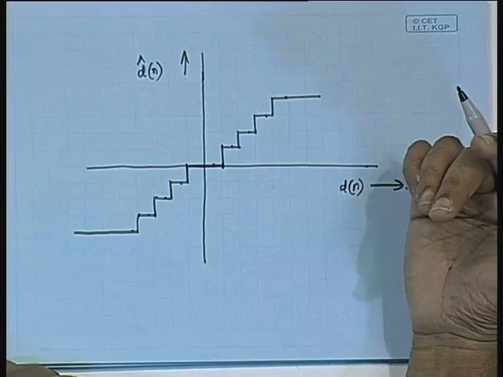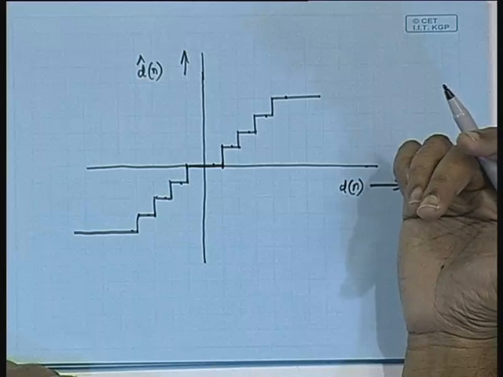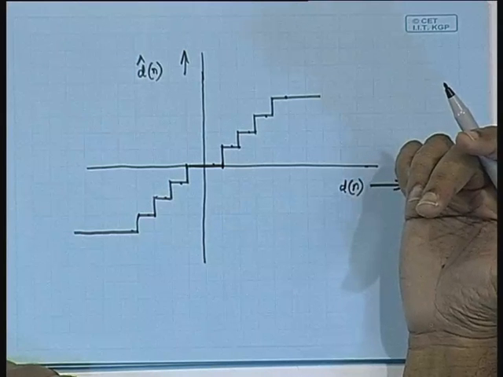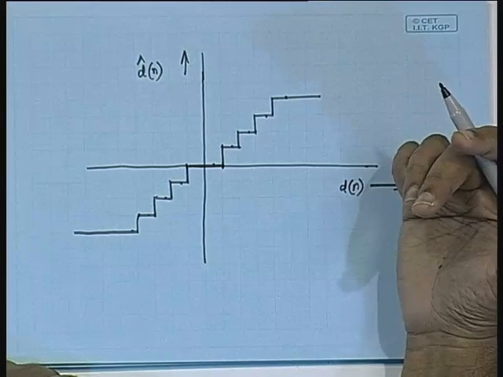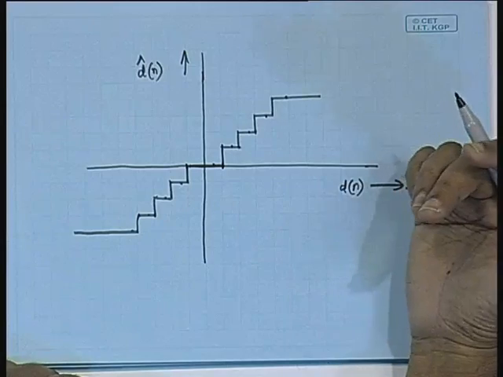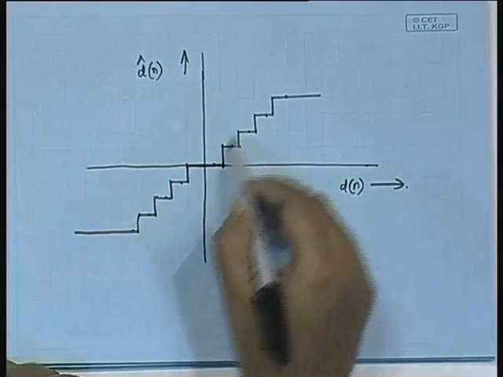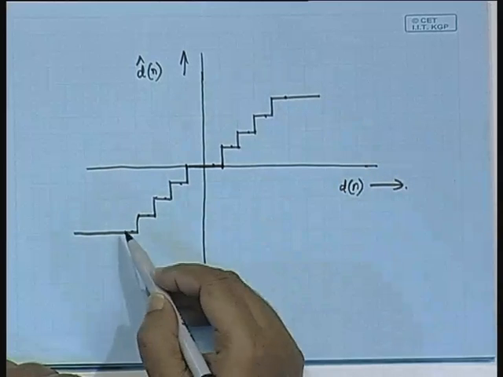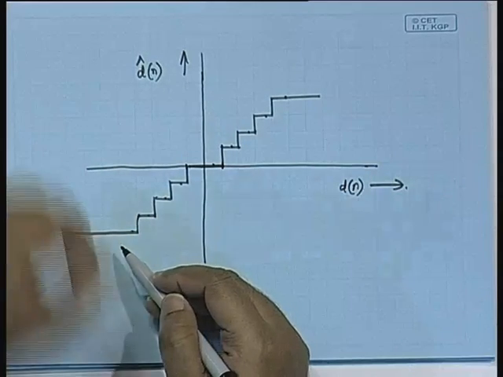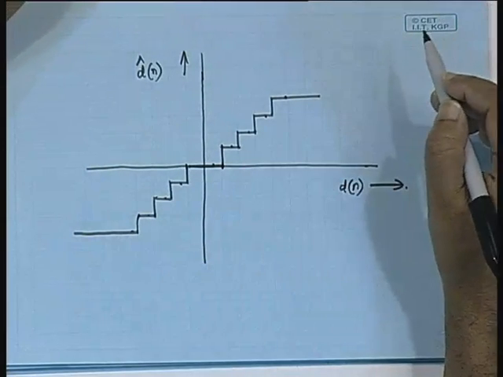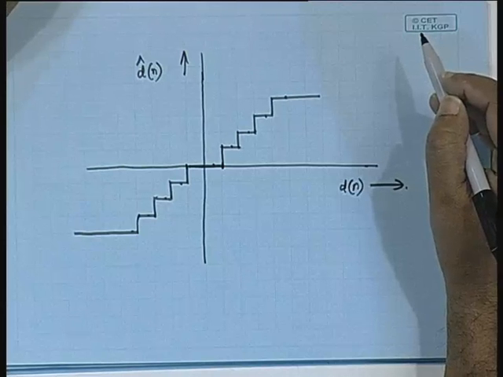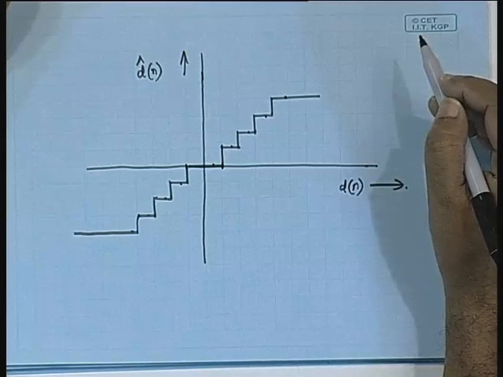And if instead of a mid-tread, we use a mid-riser quantization, then the number of step sizes would have been an even number. This you already know. So, in the case of differential pulse code modulation, we have several such steps. Now we are in a position to finely quantize this d of n.